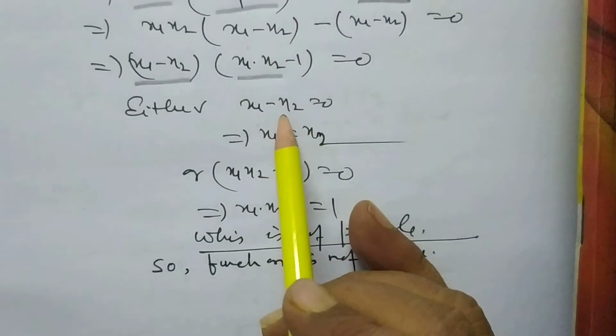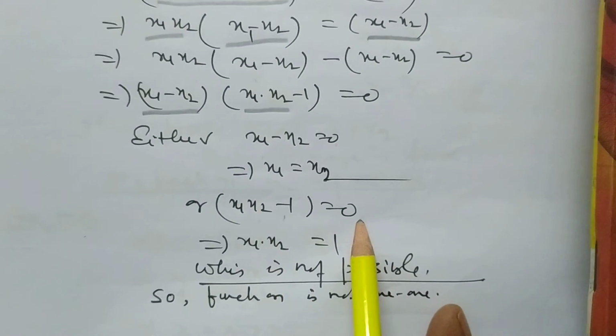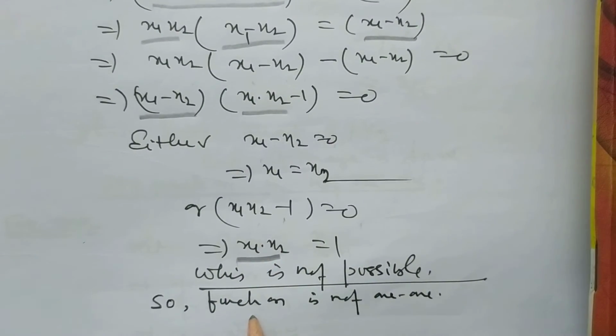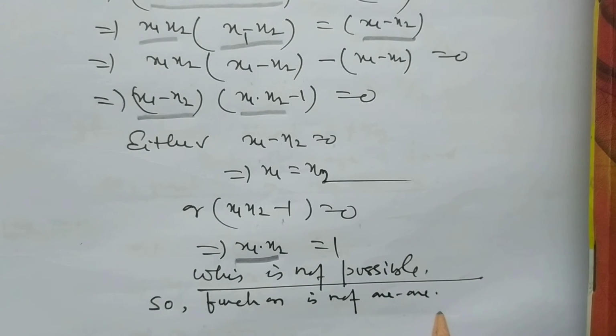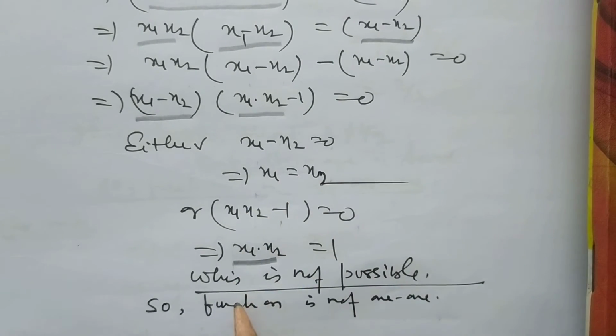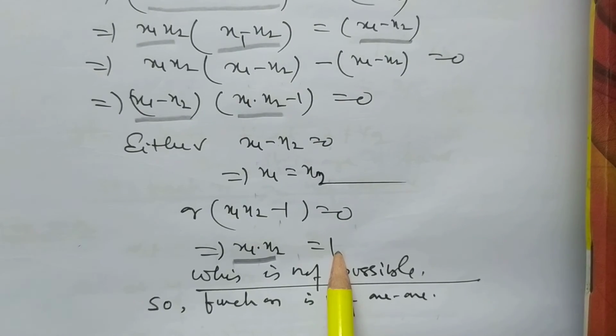So either x1 − x2 = 0 or x1x2 − 1 = 0. If x1x2 = 1, which is possible, so function is not one-one, because here x1 is not necessarily equal to x2.